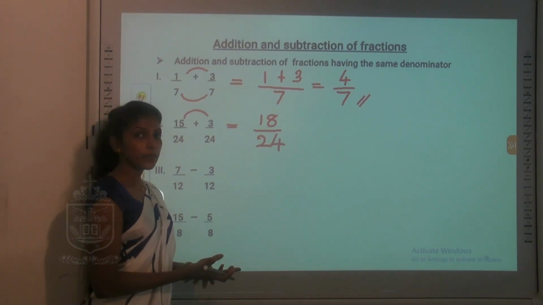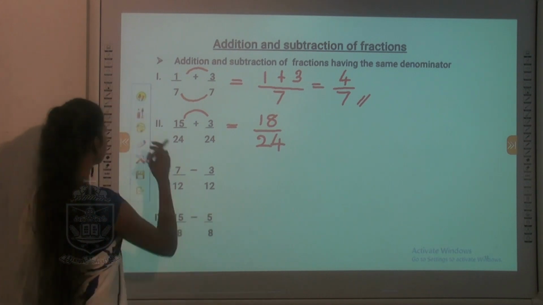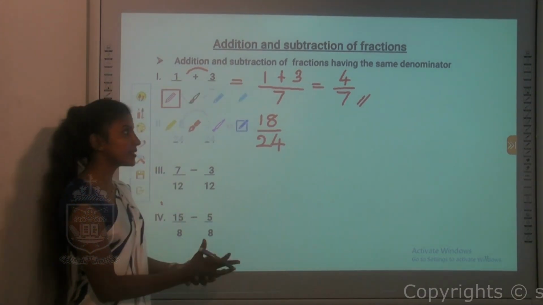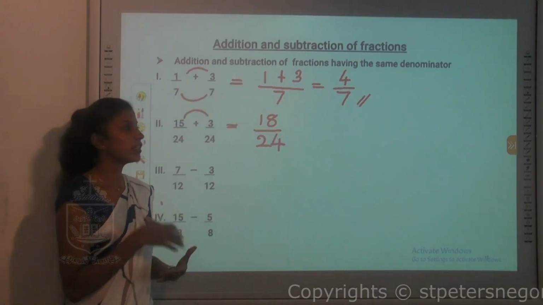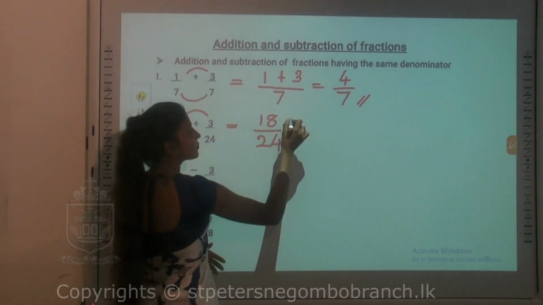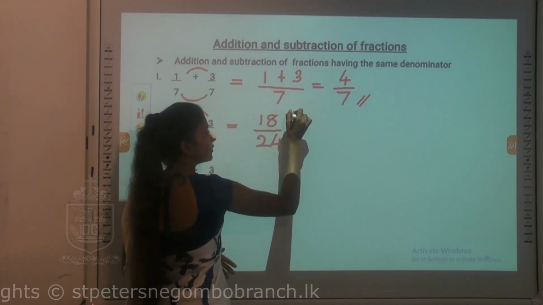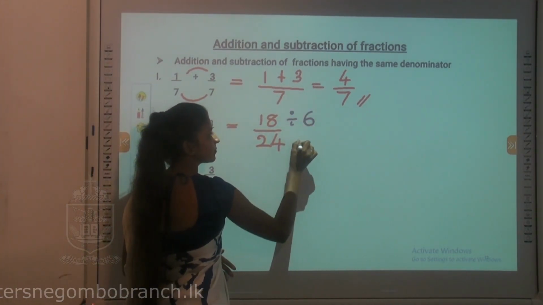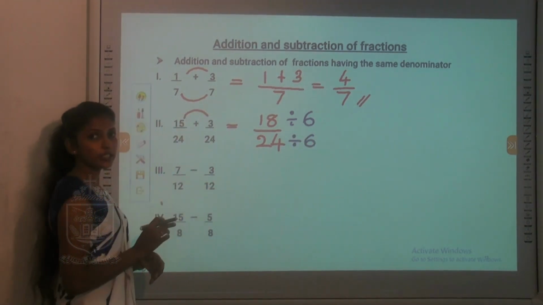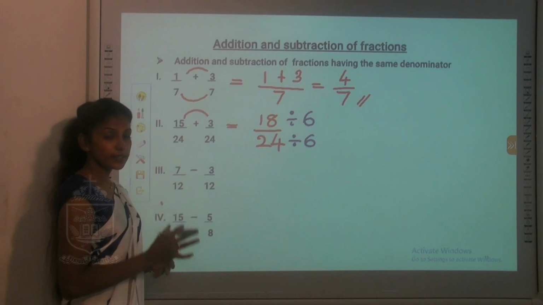18 can be divisible by, let's see, if you can't decide the direct number, you all can go with it stepwise. Now you can divide this by 6. I can see both 18 and 24 are multiples of 6.